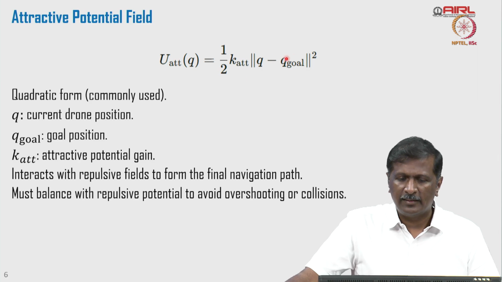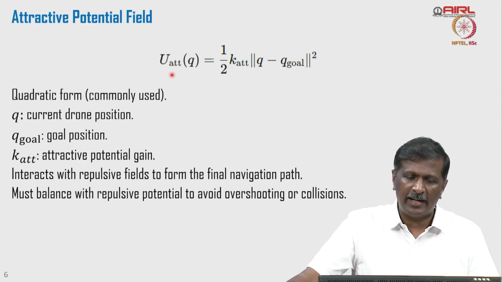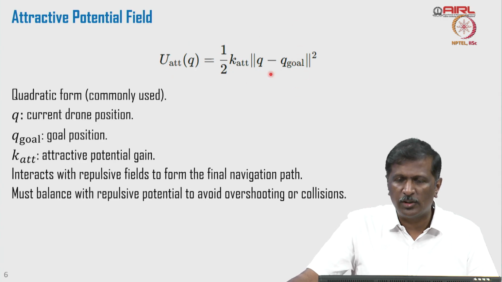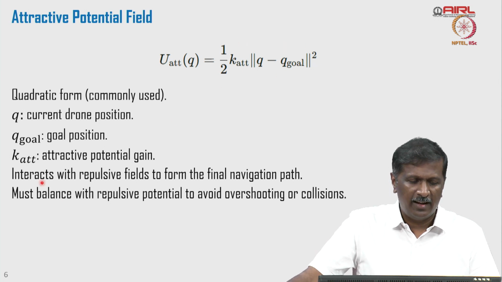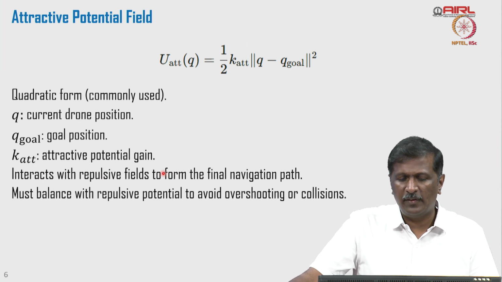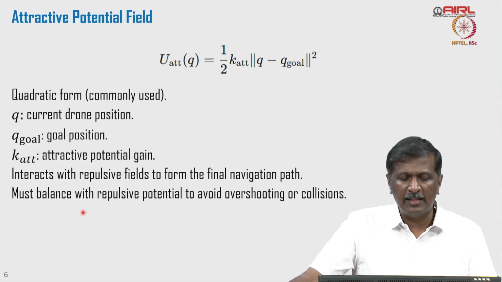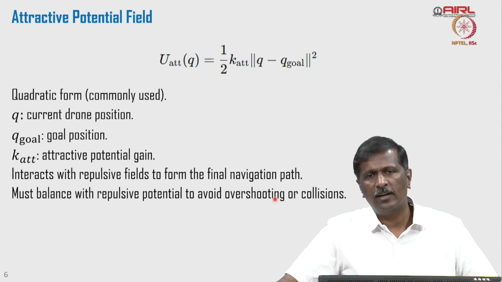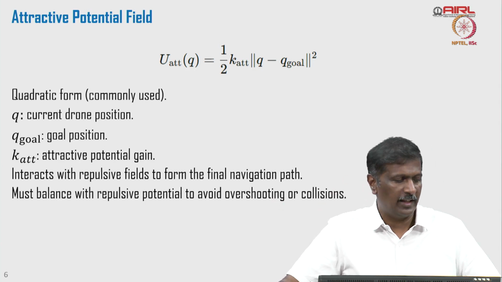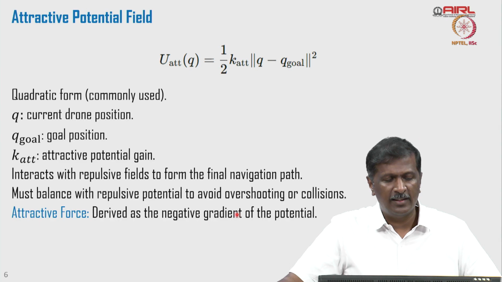The Euclidean distance between the current position and goal is a factor. My attractive potential is proportional to the Euclidean distance. It interacts with the repulsive field to form the final navigation path. It must balance the repulsive potential to avoid overshooting or collision, which we need to take into the picture.